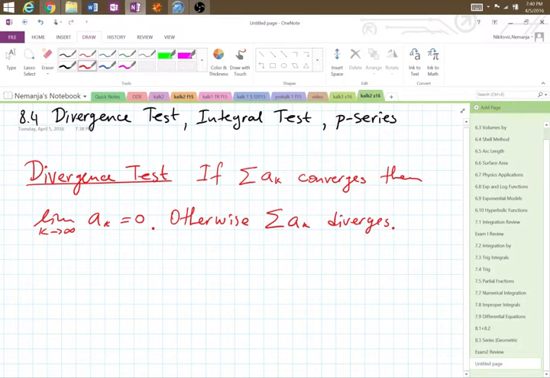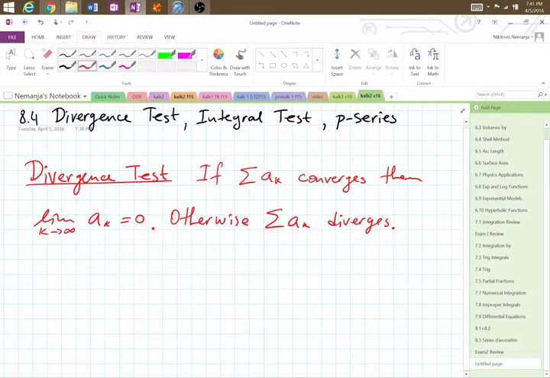Now, this statement is somewhat tricky, and you have to be very careful how you learn it, because the wording that is presented there works the opposite way that you would like it to work. This is the divergence test, and it can only be used to spot diverging series.